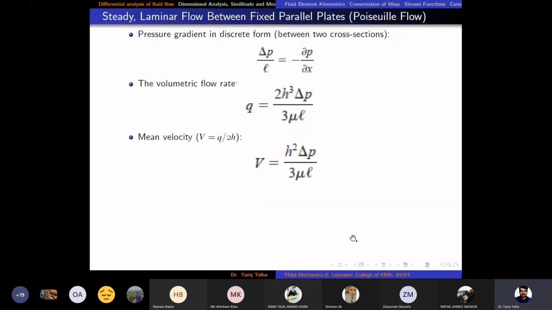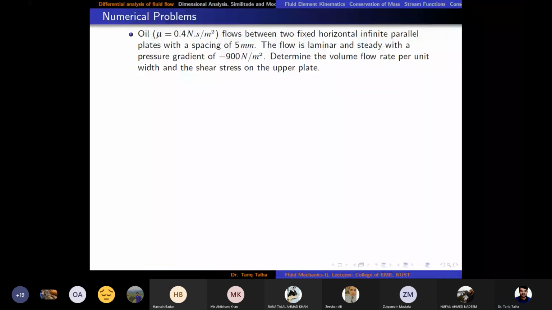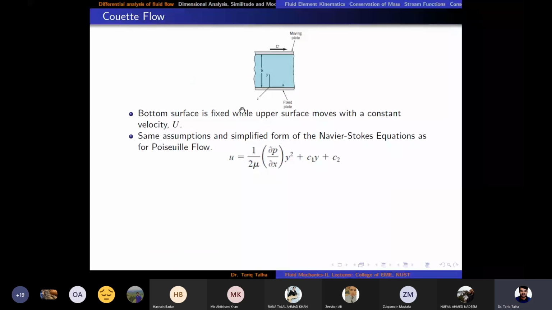So let's go on that slide. The bottom plate is fixed while the upper plate moves with a constant velocity U, which is the Couette flow. So the same assumptions and simplified form of the Navier-Stokes equations as for the Poiseuille flow. So u is equal to 1 upon 2 mu partial p by partial x into y square plus c1 y plus c2.